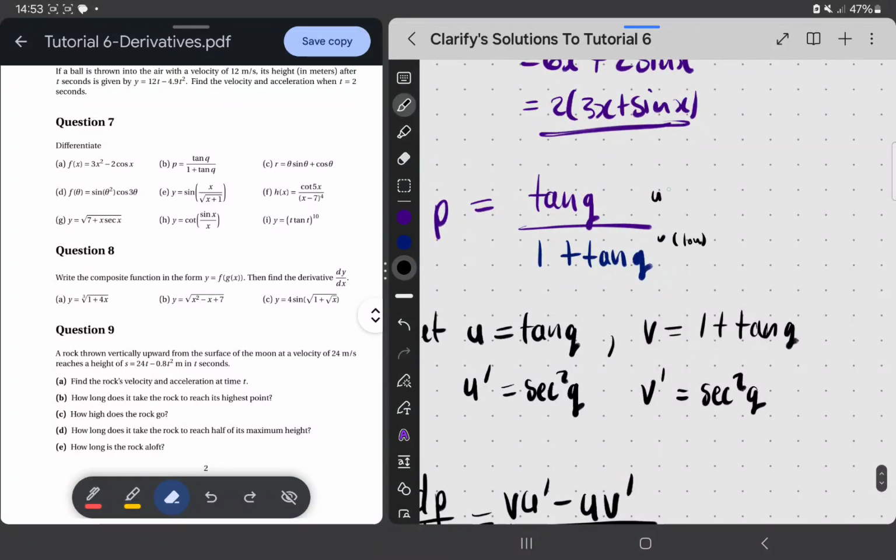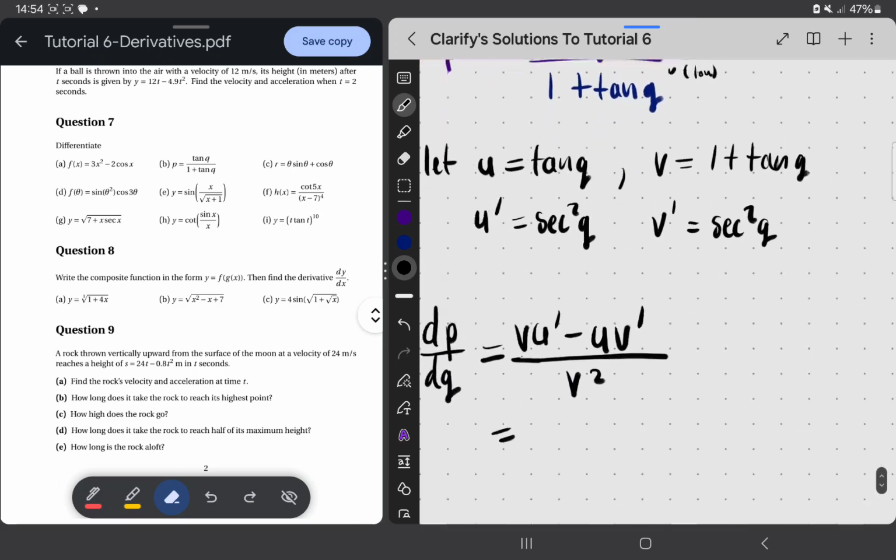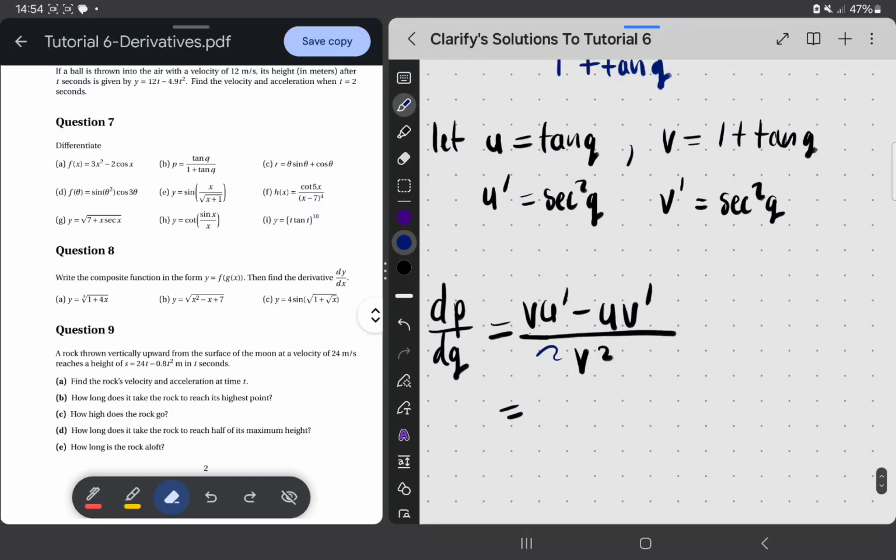It just means the denominator. High is this. So it's low d high. We've said it many times. Low d high minus high d low over square the bottom. Don't forget that. So what is it going to be? My v, I just go and take 1 plus tan q. If you mix it up, you can get it wrong to say high d low. No, it's low d high minus high d low over square the bottom.